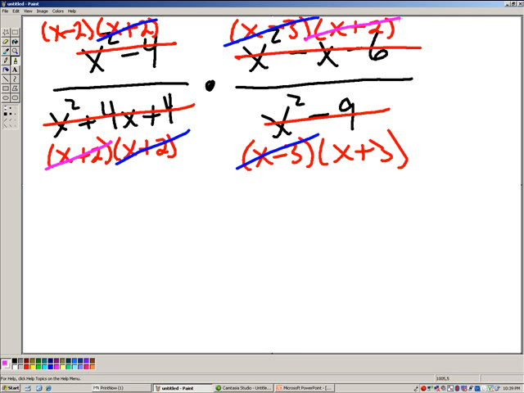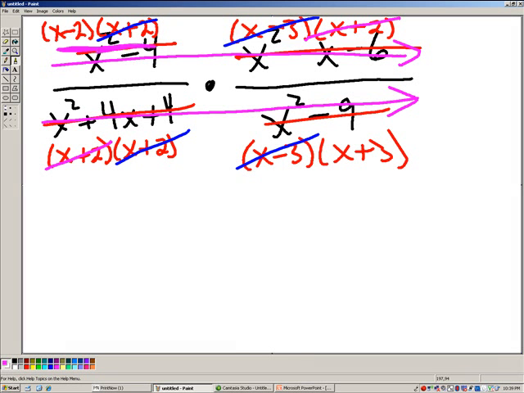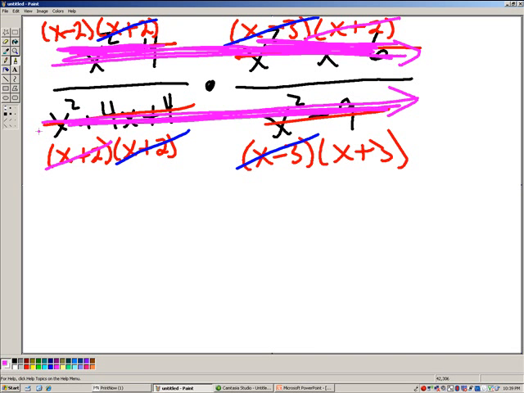Because ultimately, multiplication means just multiply everything straight across here and everything straight across here. So all the factors from here will get joined up with all the factors from there. So it's really just one giant numerator and one giant denominator. So it doesn't matter if it's coming from one fraction or another fraction, as long as it's just numerator to denominator.